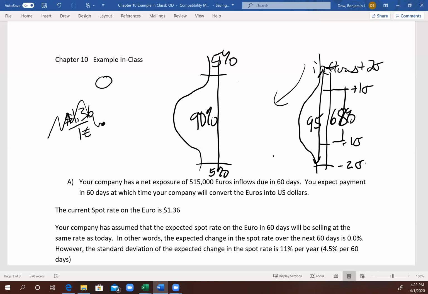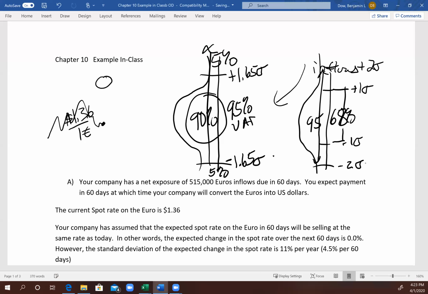It turns out the magic number is 1.65 standard deviations. So either minus 1.65 standard deviations or plus 1.65 standard deviations will give you 90 in the middle and 5 on each tail. So if we're only worried about the low end, this gives us a 95% value at risk measure.